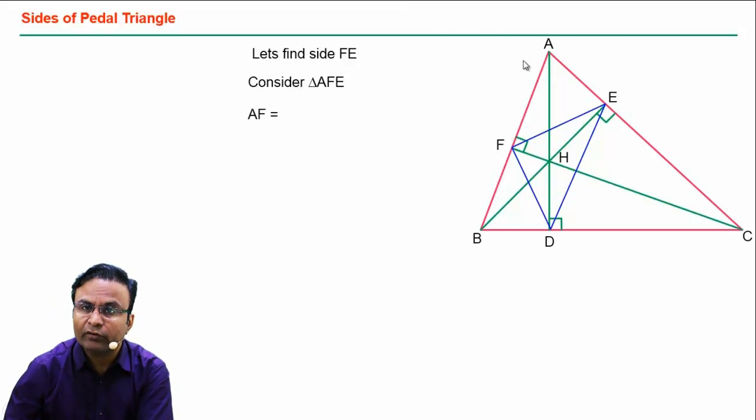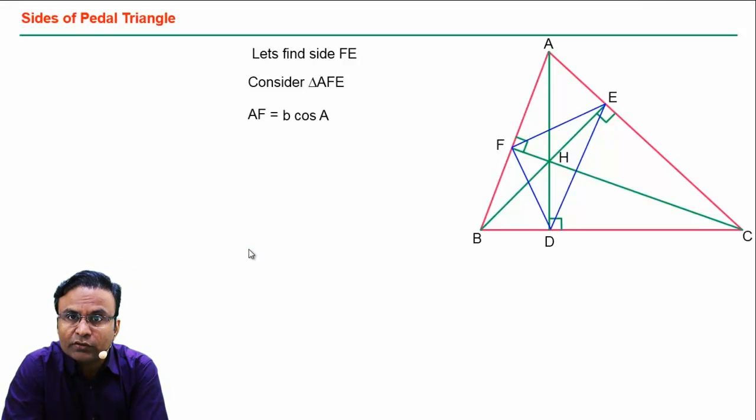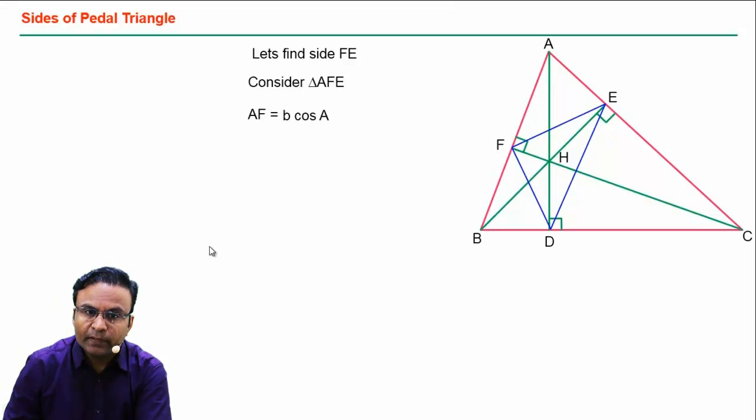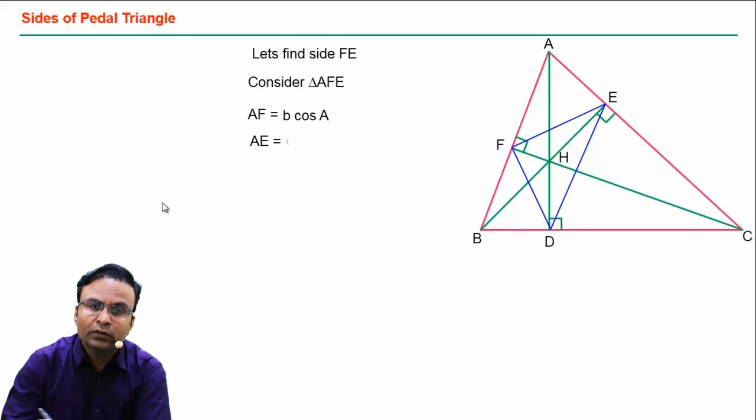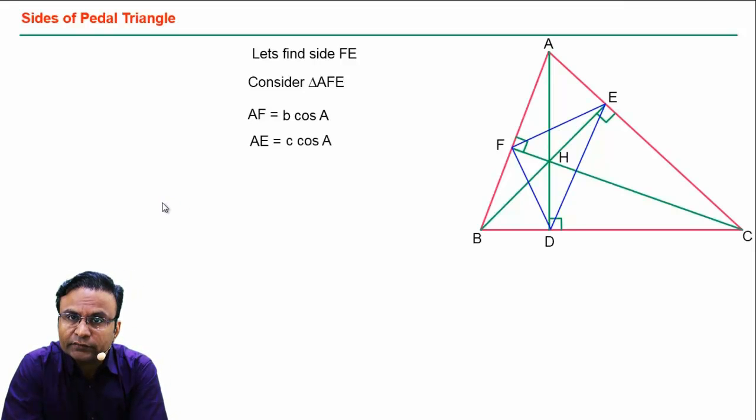AF we have already found in previous discussion. AF is the projection of AC on AB. This length is b cos A. Okay, what is length AE? Length AE is equal to c cos A. This is also the projection of AB on AC.